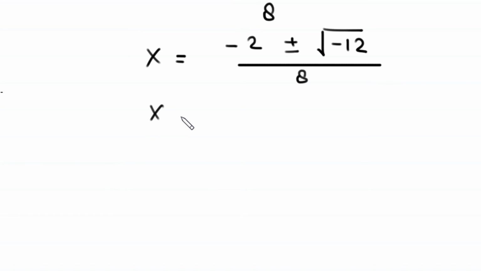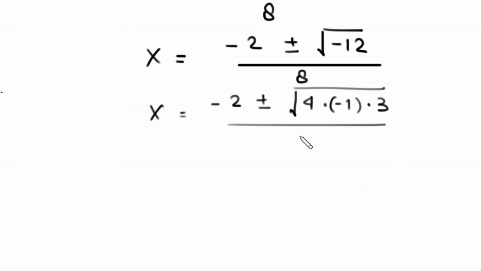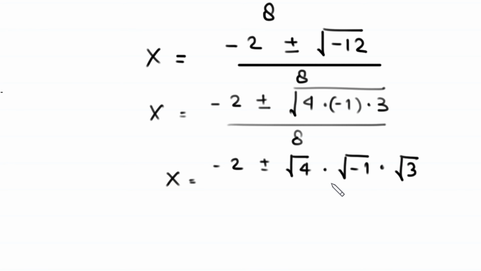Next, x equals negative 2 plus or minus, this root negative 12 can be written as the square root of 4 times negative 1 times 3, divided by 8. X will be equal to negative 2 plus or minus root 4 times root negative 1 times root 3 divided by 8.